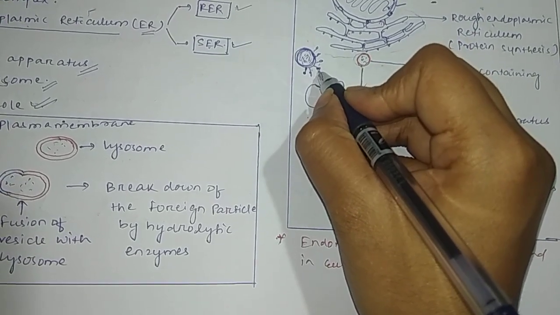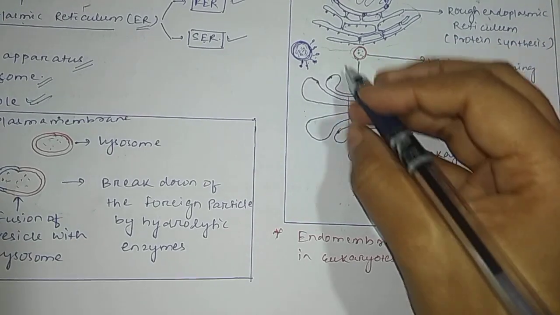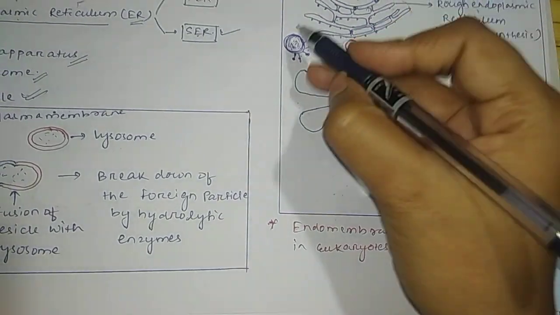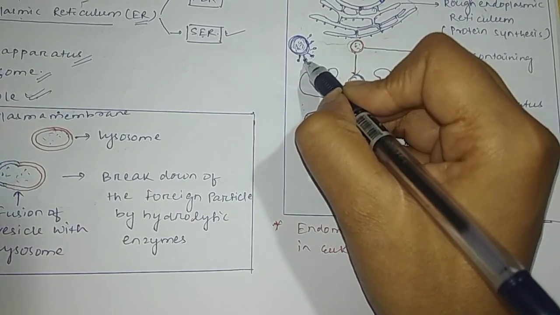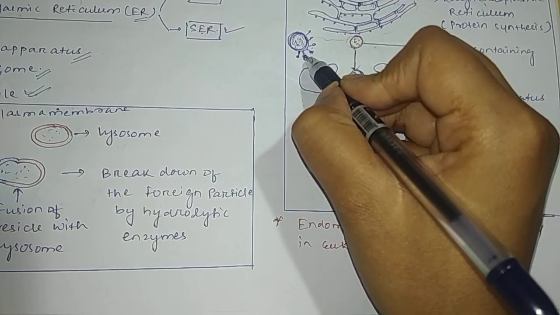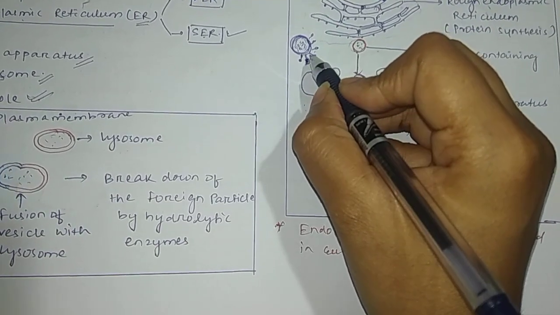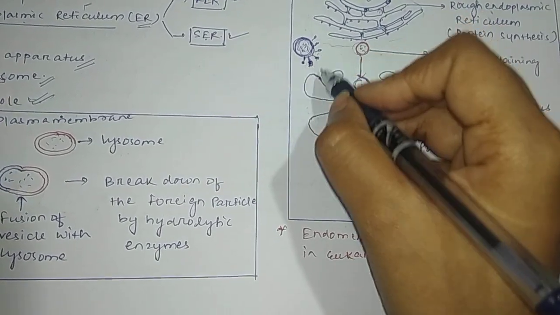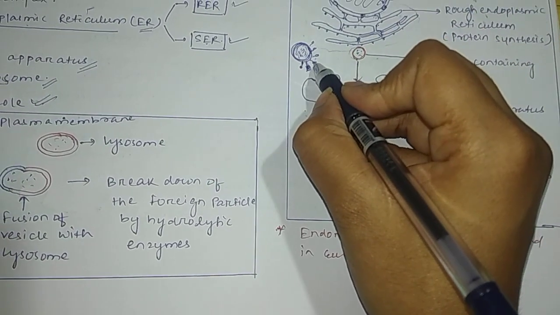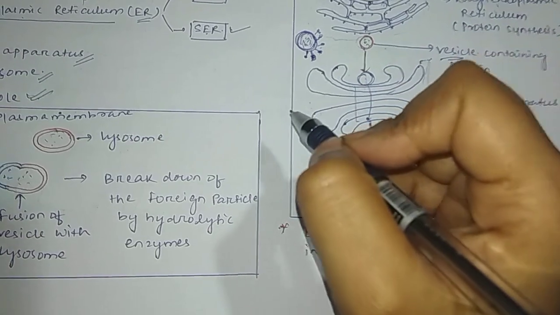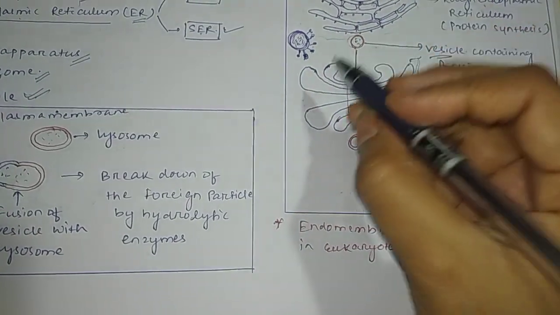If there is information of going outside of the cell, then after coming out of this Golgi apparatus, it will go out of the cell. If it has the information of going inside the mitochondria, like sometimes the mitochondria needs some enzyme, then this particular vesicle will go inside the mitochondria. Wherever this information leads, it will go inside that particular organelle or outside of the cell.